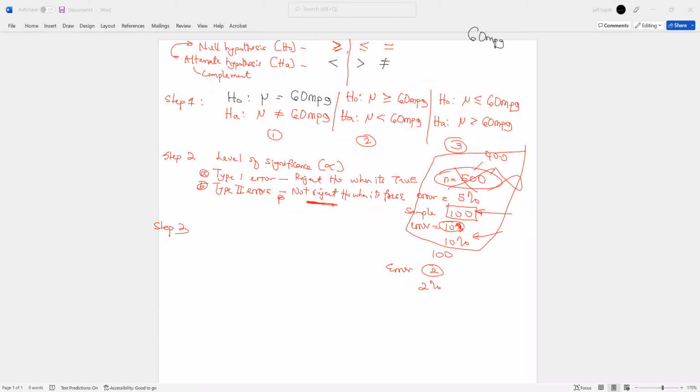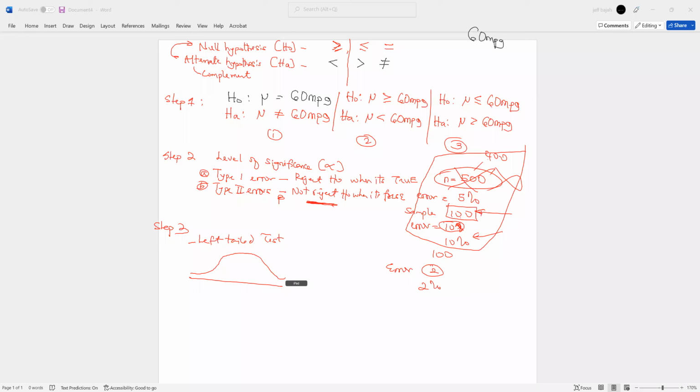All right. So step 3 is we're going to decide on what type of test you want to do. There are 3 types of tests, and we're going to solve a question where we take this from step 1 all the way to step 6, and you see how it's done. You either have what we call a left tail test, and a left tail test looks like this, right?